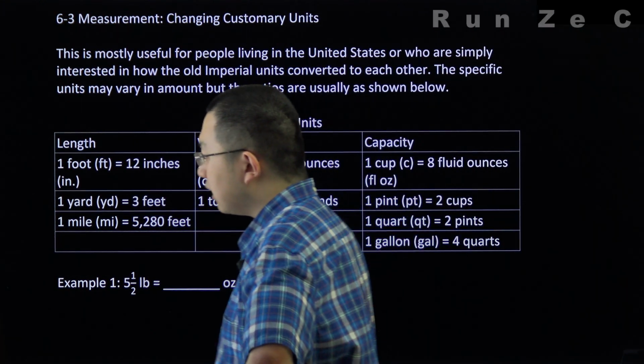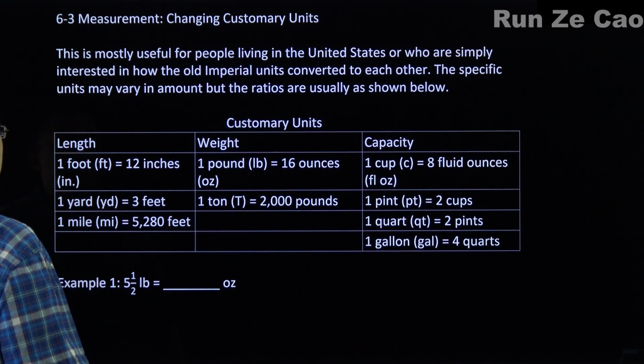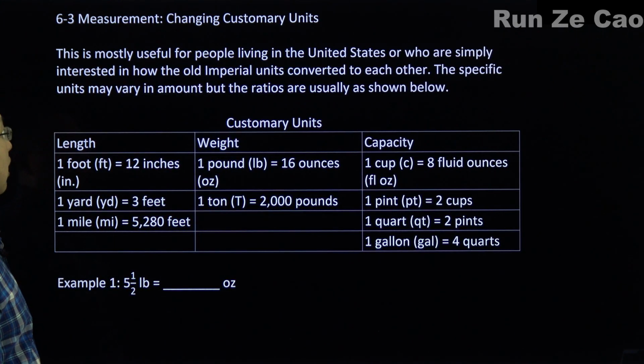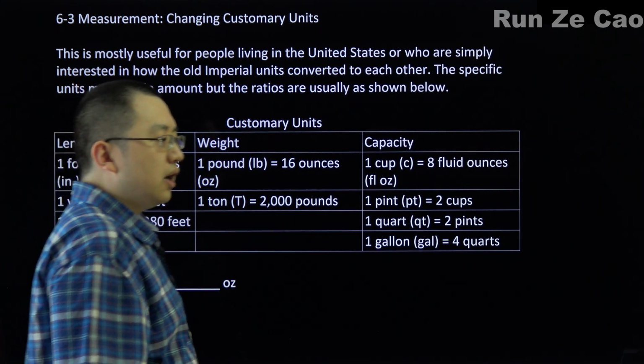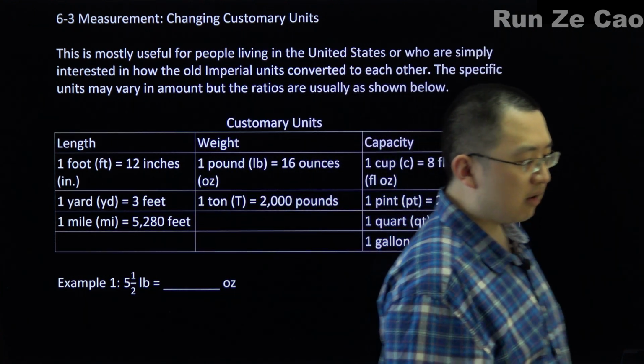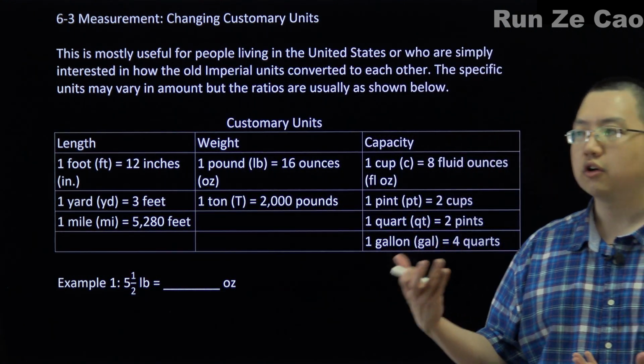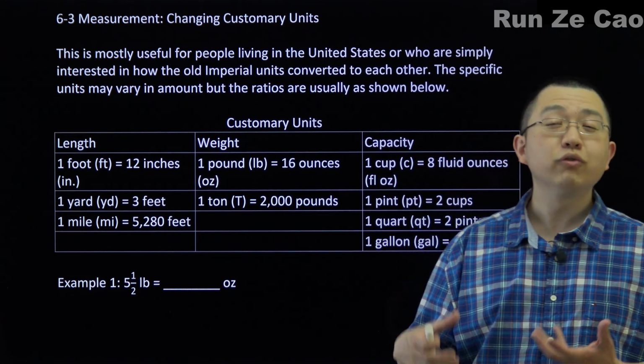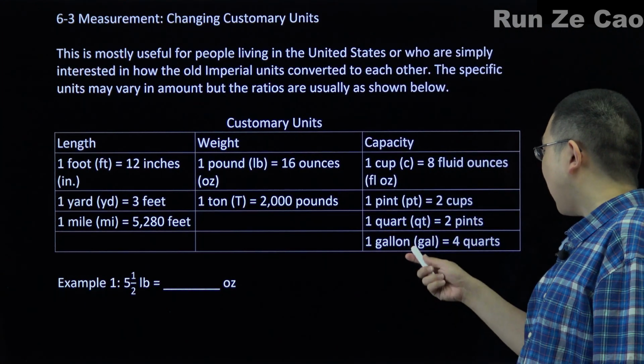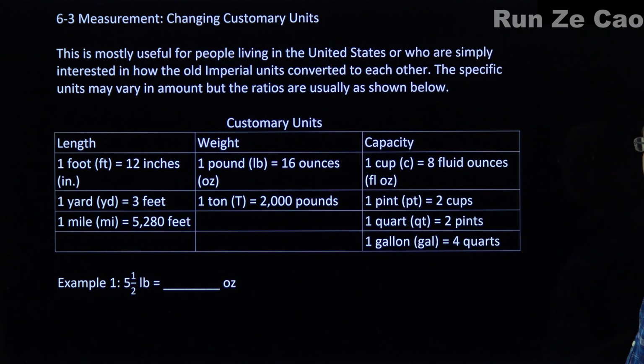Customary units. This is useful if you live in the United States or are simply interested in how some of the old imperial units converted to each other. The specific units may vary in amount, for example, US gallon versus imperial gallon, but they're both about 4 liters. The US gallon is like 3.8-ish liters.